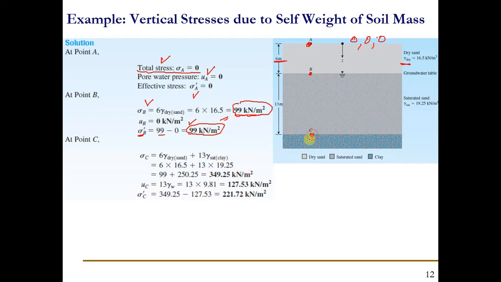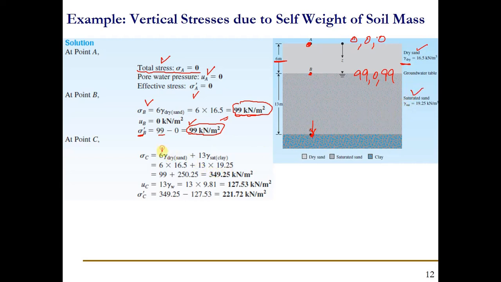If you want to find out the total stress at this particular point, this will be the combination of the stress applied by this layer, the dry sand, and the saturated sand.